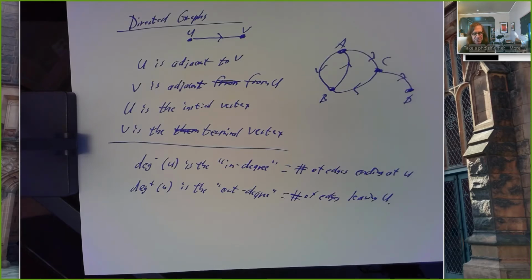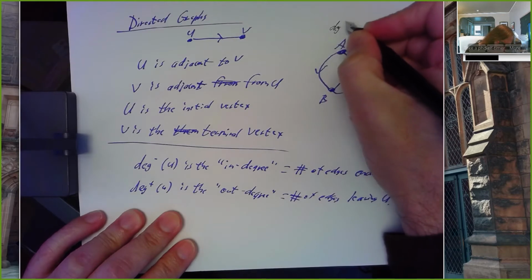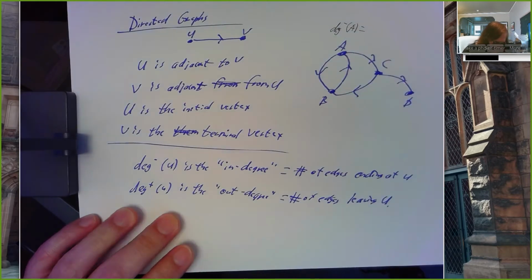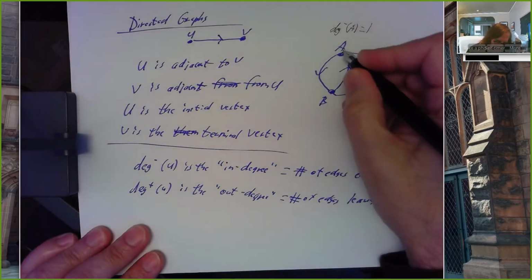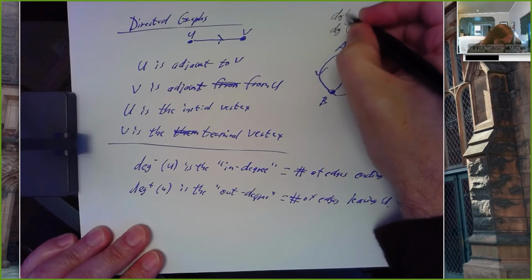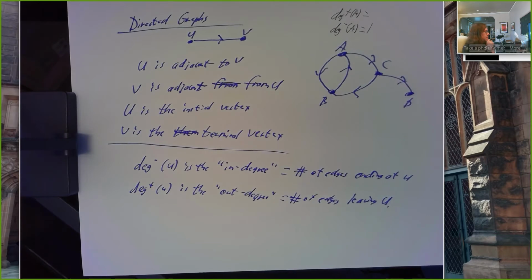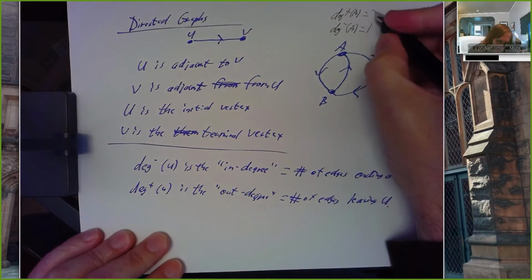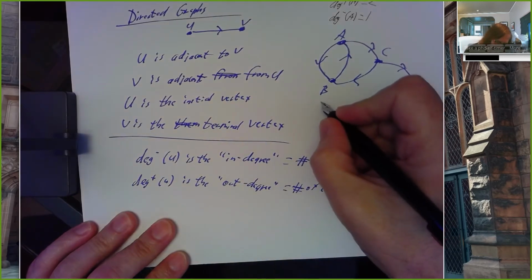So we can start to label these. So what's the in degree of vertex A? It's the number of edges ending at A. Yep, it's just this one edge over here. And what's the out degree? That's a 2. 2 edges coming out. So nothing terribly heavy.